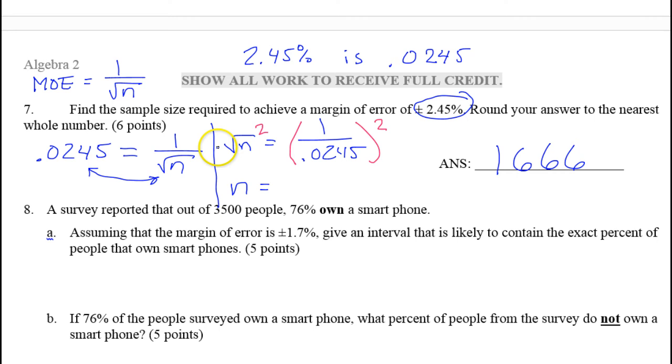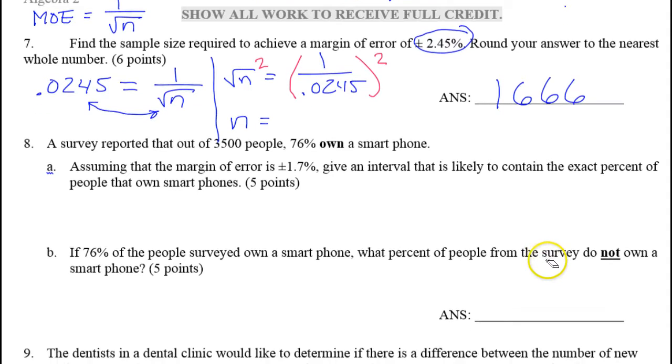But what you cannot do is just put 2.45 equals 1 over the square root of n. This will give you the wrong answer. So either change it to a regular decimal, a non-percent, by making it 0.0245, or keep the percent sign on there as you do the problem. Okay, enough talk about number 7.